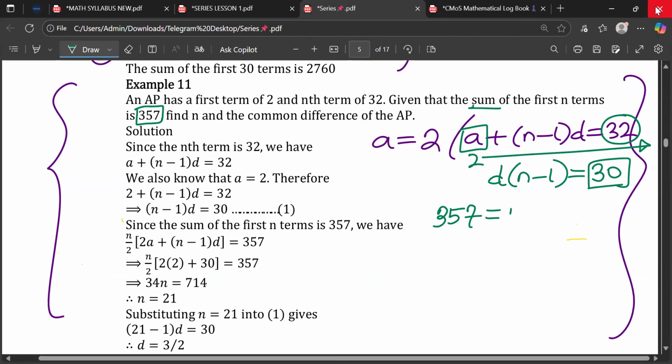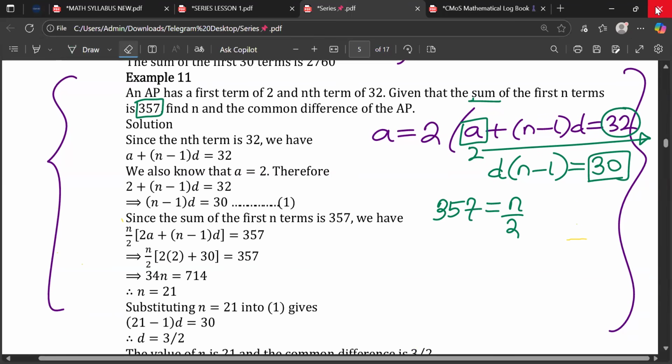So what do I have here? n over 2. And people, these things are very easy. Remember, you know that it is A plus L. Isn't that the formula?